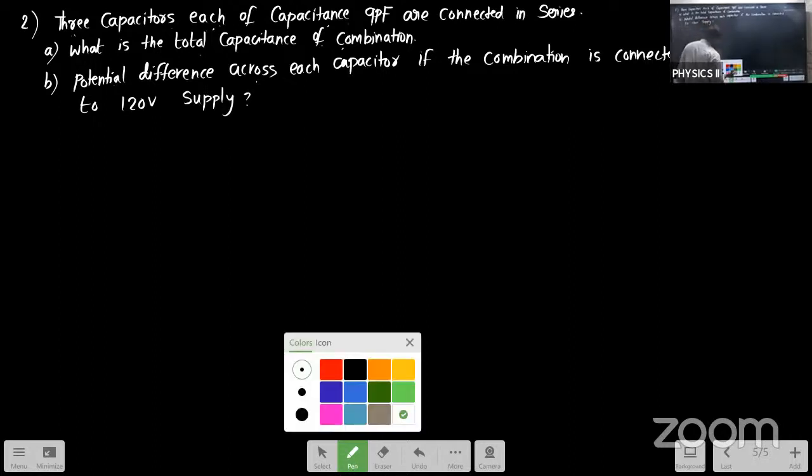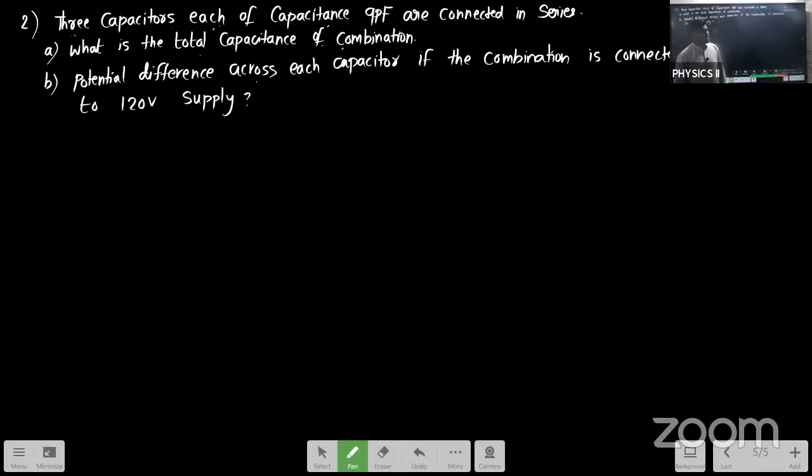So this is another important question from this electric potential and capacitance.